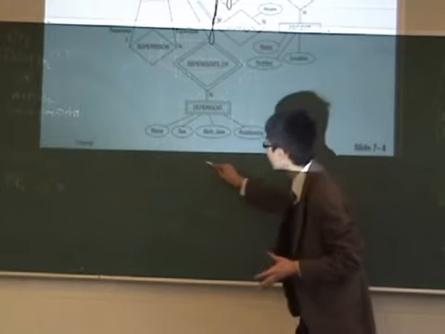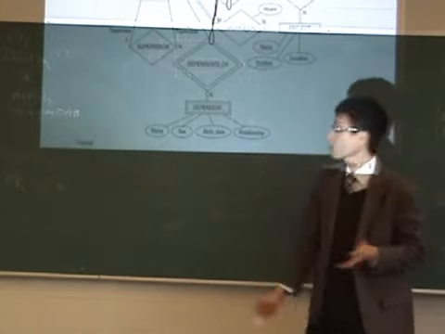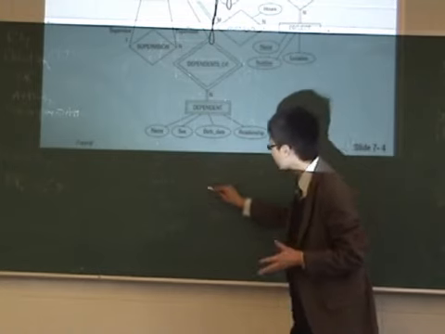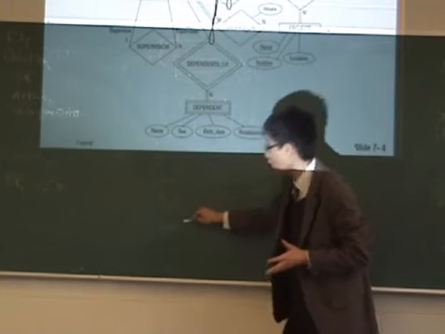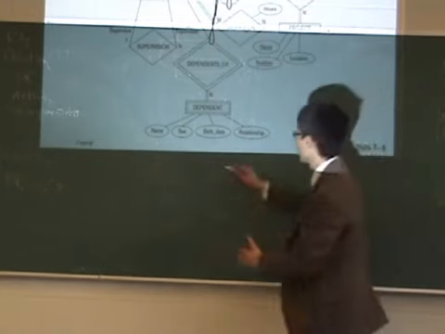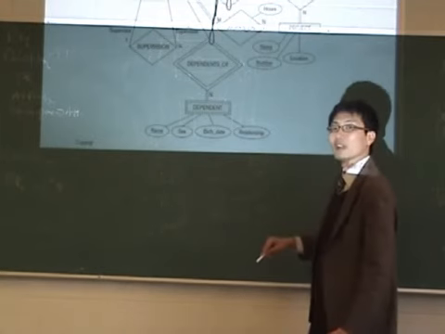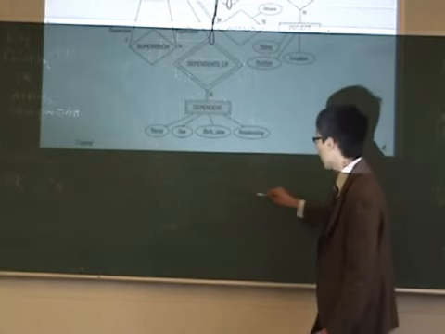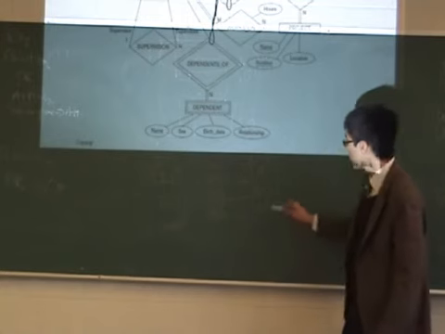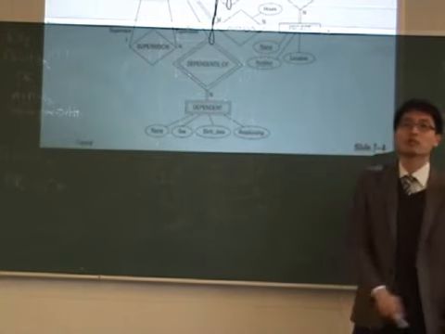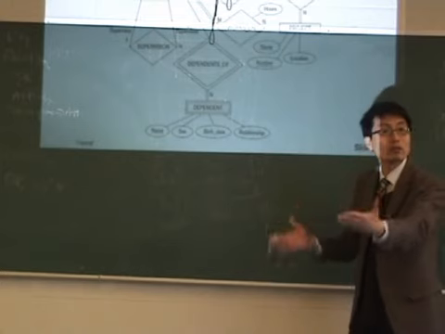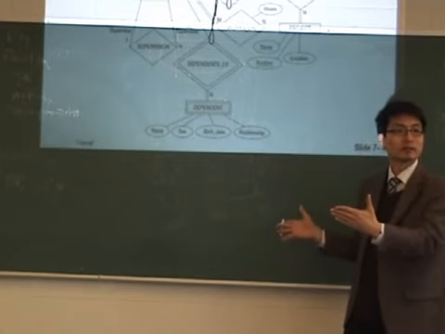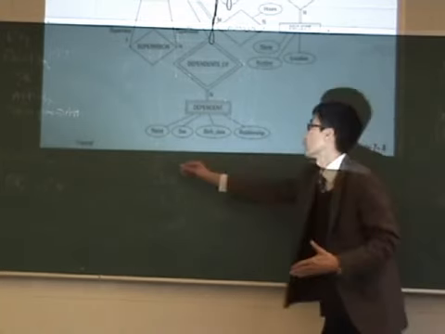Instead, this can move to an attribute of employee: attribute of Lee, attribute of James, attribute of Patel. Or you can move it to an attribute of the HR department, the payroll, the administrative. Because it's a one-to-one mapping, either of them you can move.